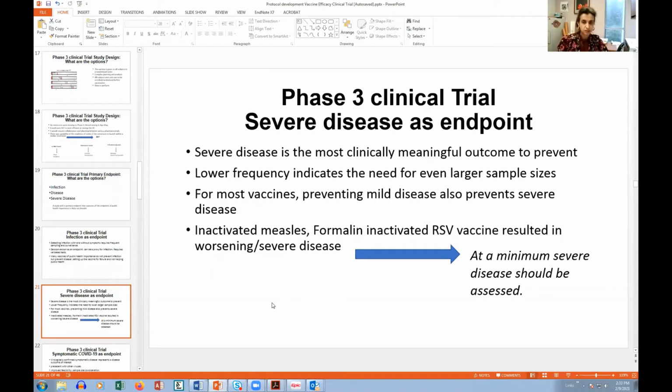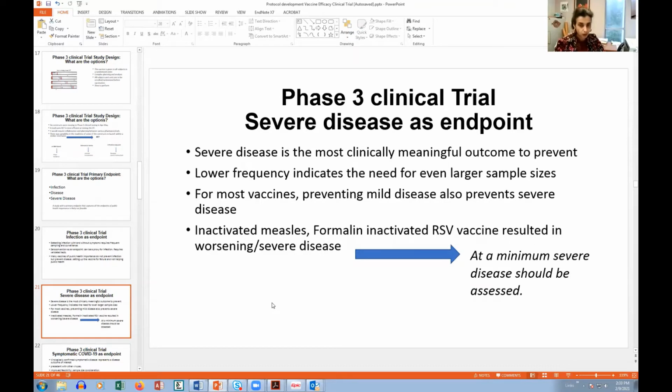What about severe disease? Severe disease is the most clinically meaningful outcome that we're trying to prevent. But it has a lower frequency, which means we need even larger sample sizes. For most vaccines, preventing mild disease does also prevent severe disease.